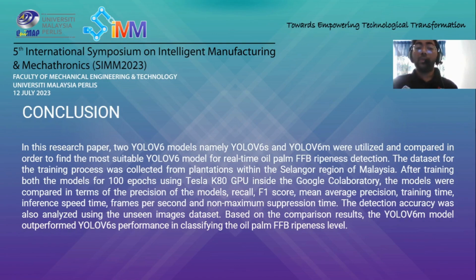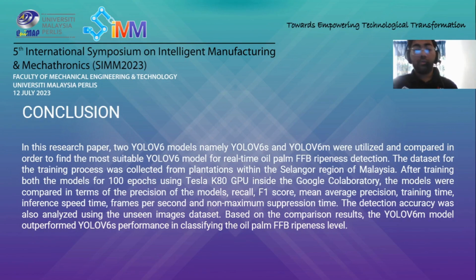in terms of the precision of the models, recall, F1 score, mean average precision, training time, inference speed time, frames per second, and non-maximum suppression time. And lastly, the detection accuracy was also analyzed using the unseen images dataset. Based on the comparison results, the YOLOv6m model outperformed the YOLOv6s performance in classifying the oil palm fresh fruit branch ripeness stages.